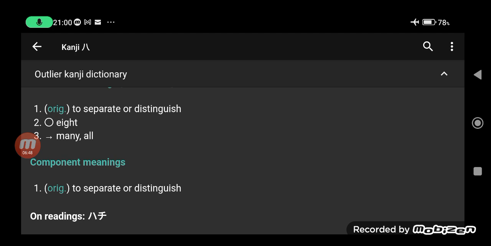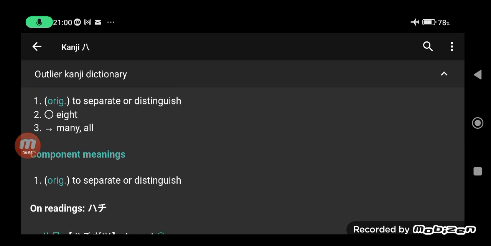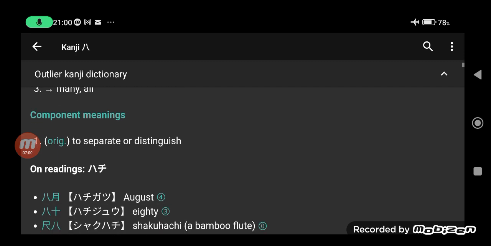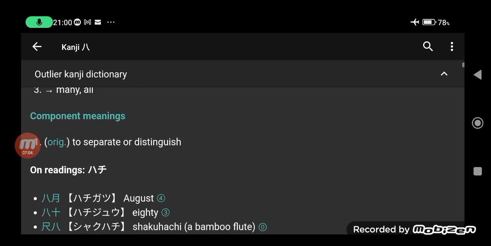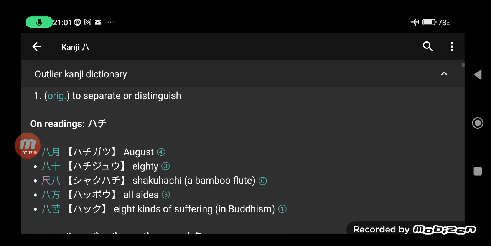In Japan this kanji has the meaning 8, and it has a derived meaning many or all. Component meaning is the meaning of that kanji character when it is functioning as a component, or as a radical or bushu. The component meaning is derived from the original meaning to separate or distinguish.